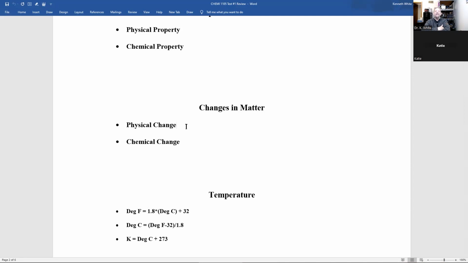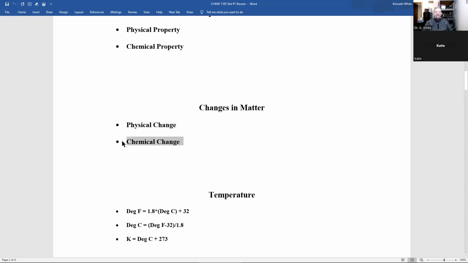If I were to put this in my freezer and come back tomorrow morning, I would see it's a solid, it's ice. That's how you make ice cubes. But anyways, the water is undergoing a physical change.